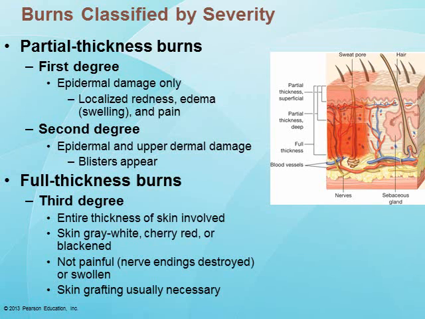Another burn classification is by how deep the damage goes. Here is another picture of your skin. You see many pictures like this today. The top part is the epidermis and the dermis, and you also have the hypodermis, which is not the skin but below the skin.